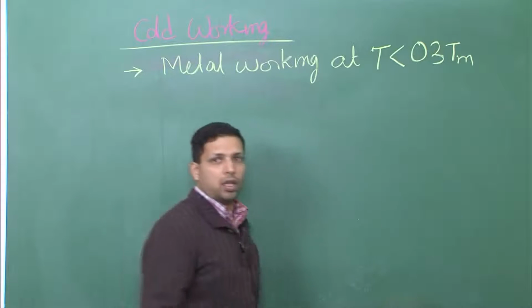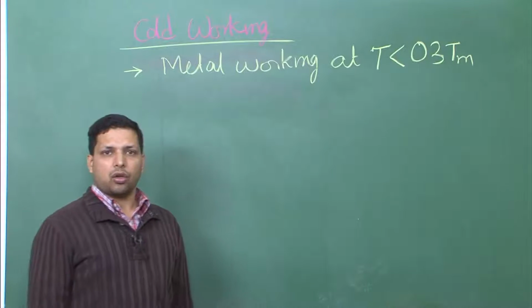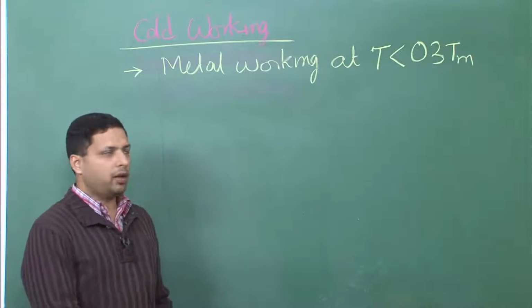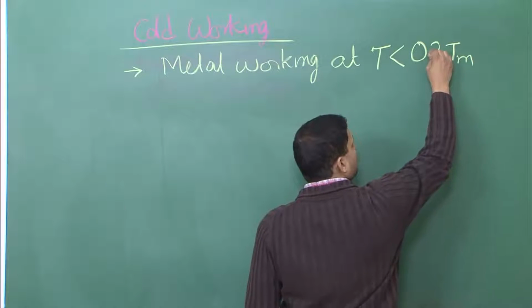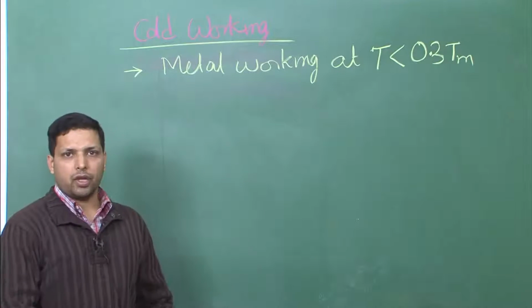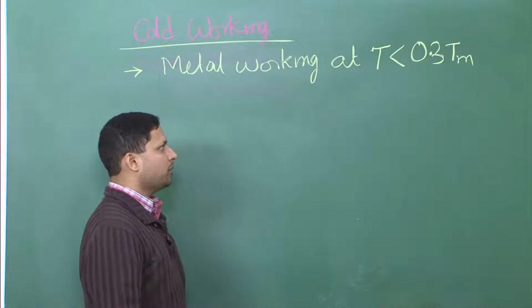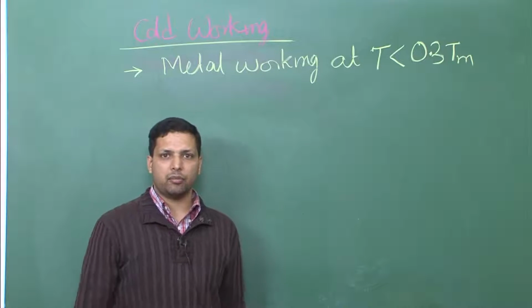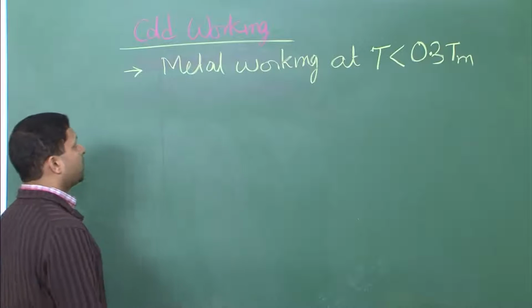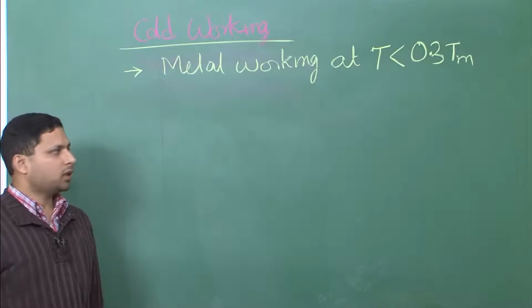What is Tm? It is the melting temperature expressed in Kelvin. So, we are looking at it as a homologous temperature. When the homologous temperature is less than 0.3, then the work that we are doing is called cold work.